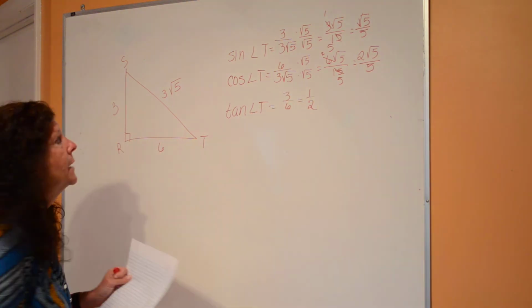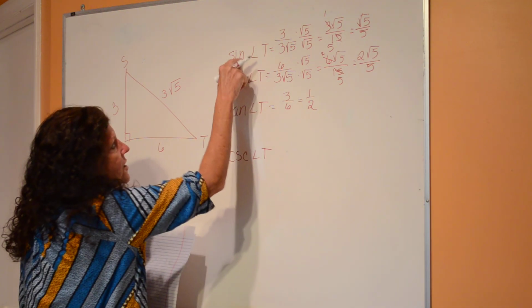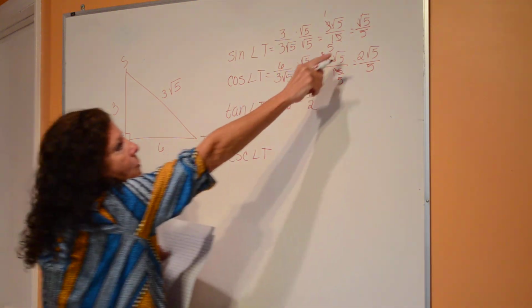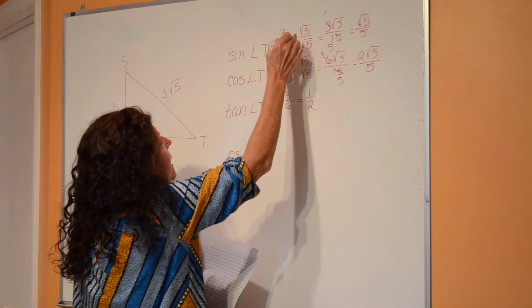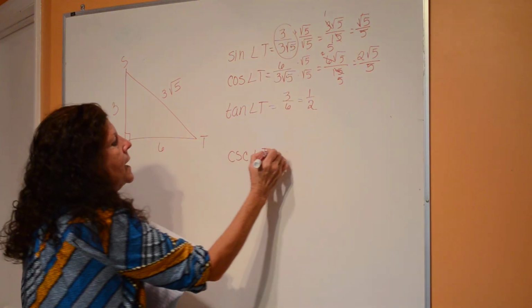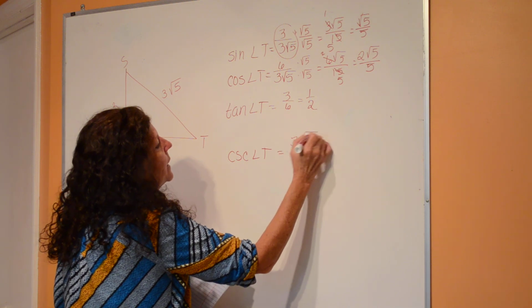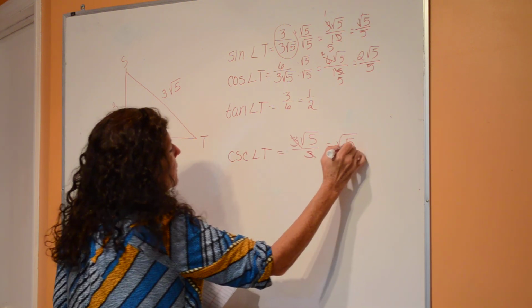Then I'm going to do my other 3. So I've got my cosecant of angle T, which is the inverse of your sine. Well, I don't want to inverse here because it's going to put a square root on the bottom. So I'm going to come back to this spot right there before I rationalize the denominator, and I'm going to flip that. 3 on the square root of 5 over 3. The 3's cancel out. I get the square root of 5.